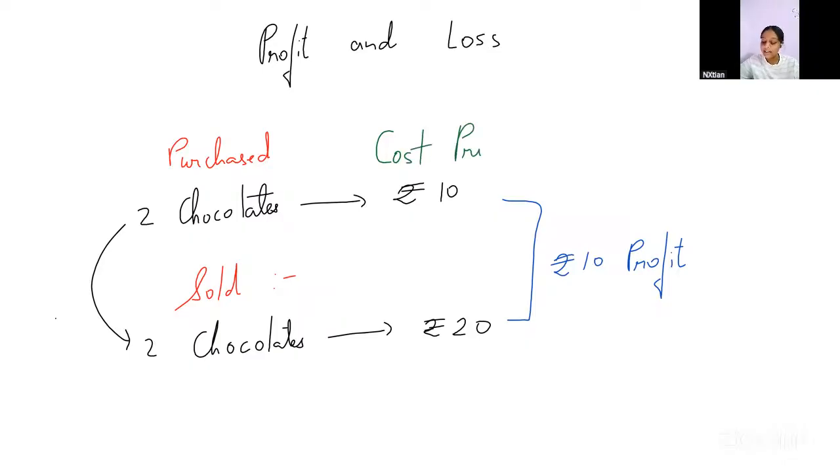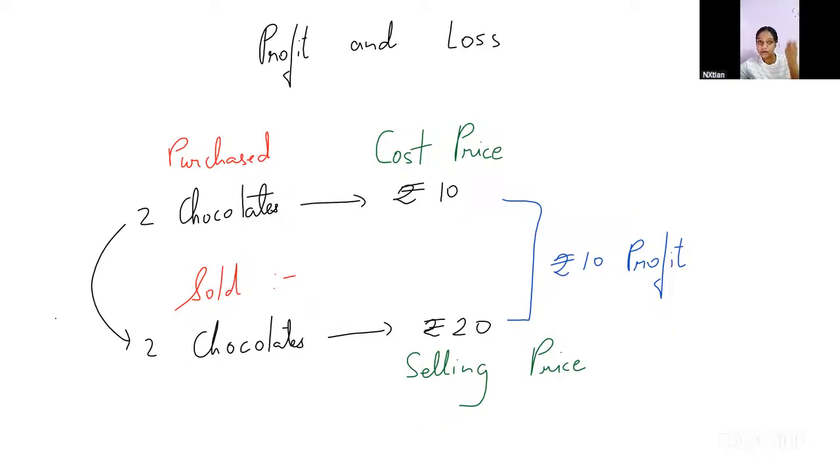Okay. And then the price at which I sold the chocolate, I sold it at 20 rupees. So this 20 is my selling price. So if I want to calculate the profit, how do we calculate it?